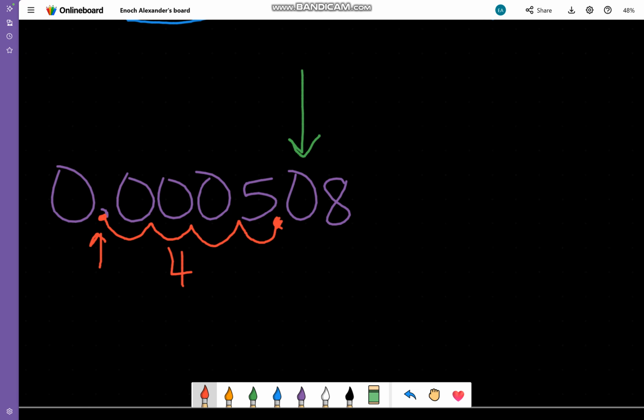Now we can start the process. Our coefficient is 5. We keep this 0. We don't get rid of it. It's a significant 0. We have to keep it. So 5 and 8/100ths. We're multiplying times the base 10, so times 10.